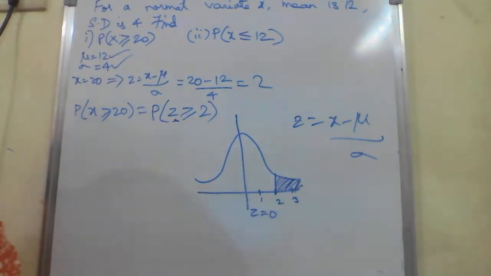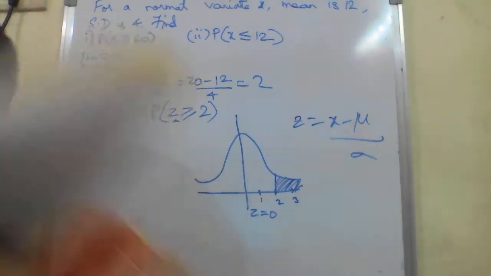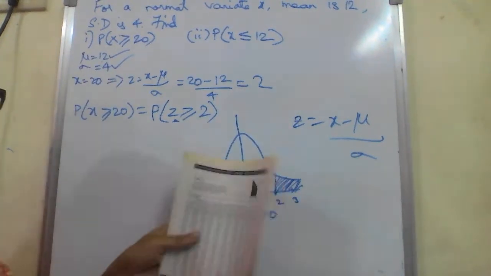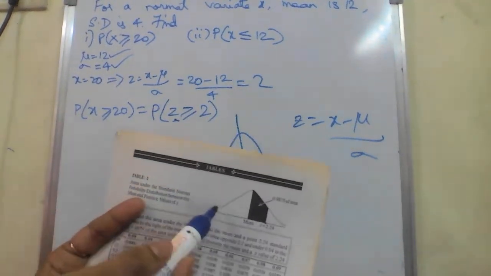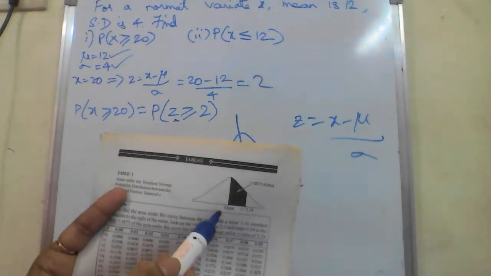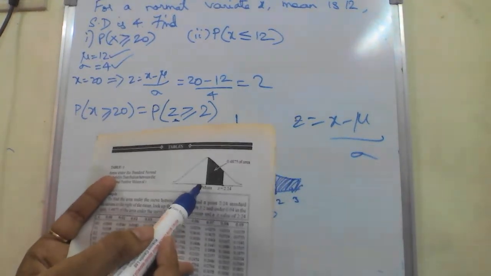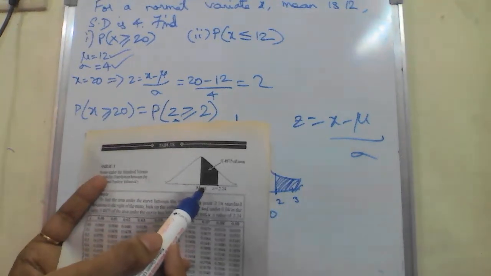I have already given you the table of normal distribution. If you look at that table, you have to follow clearly how I tell you. In this figure, the mean value is at the center.